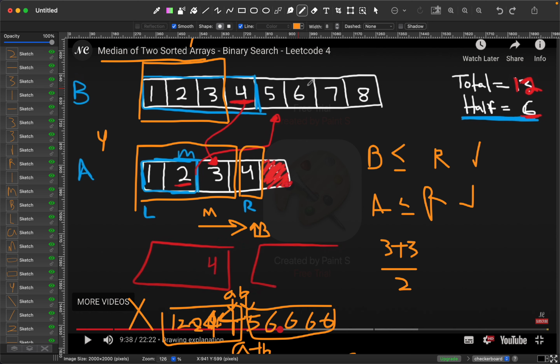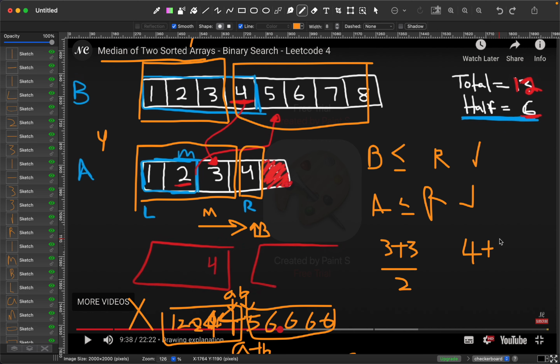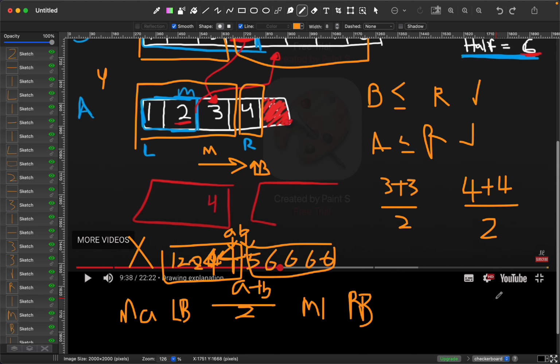Then the minimum of the right box will be 4 plus 4 divided by 2. So this one is 3, this one is 4, then 4 plus 2 divided by 2, 3.5.